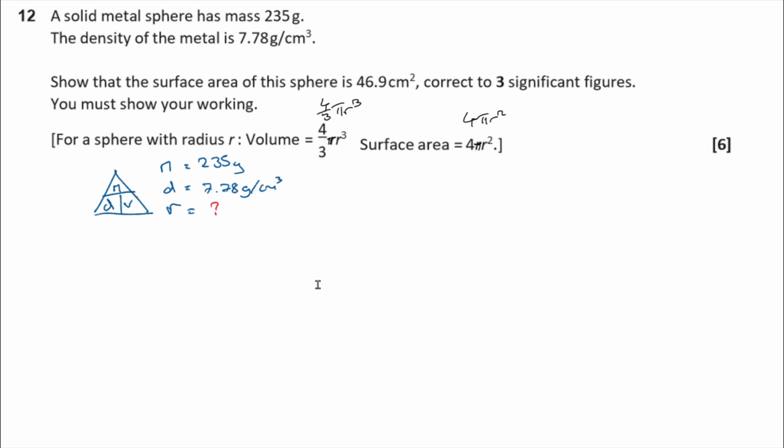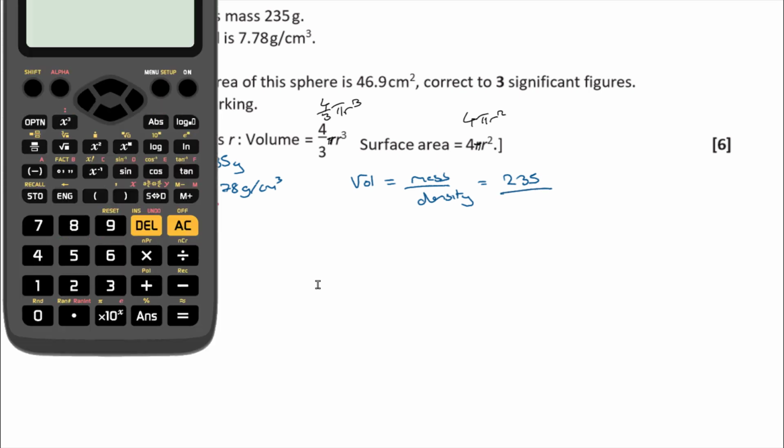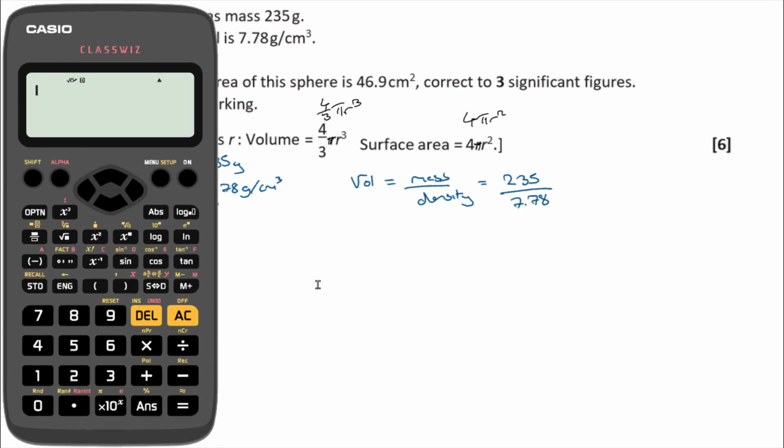We're trying to find volume, so cover up the thing I want to find. It's the V this time. So volume equals mass divided by density. In this case, that is 235 divided by 7.78.